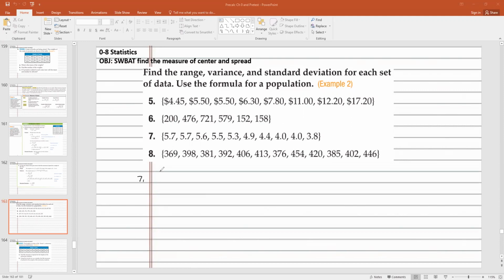So I'm going to find the range first because that's the easiest. The greatest minus the least. So the biggest number, 5.7, minus the smallest number, 3.8. So we have 5.7 minus 3.8, which is going to give us 1.9.